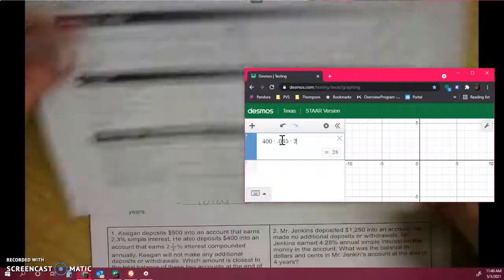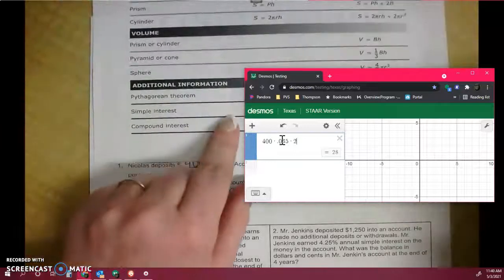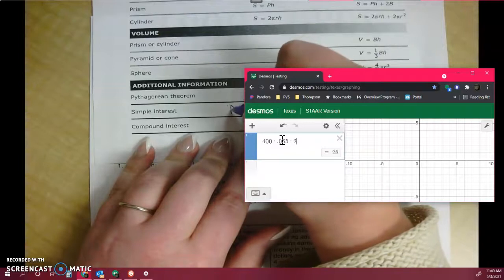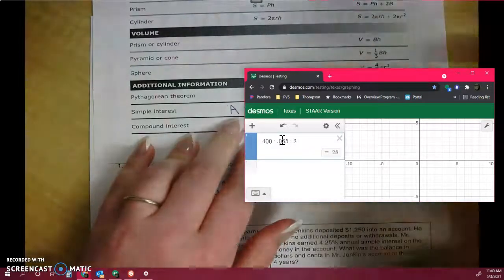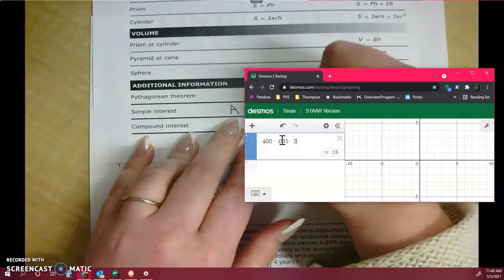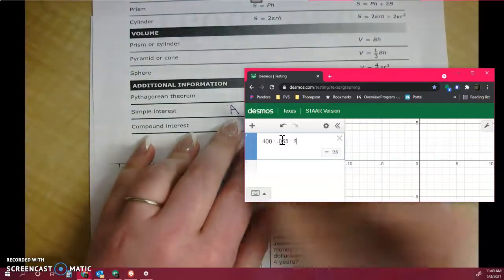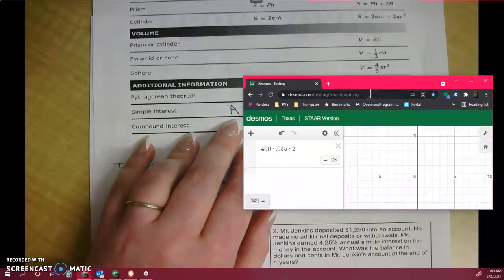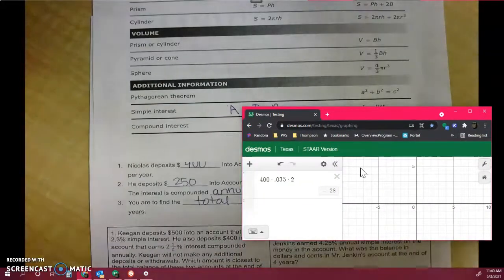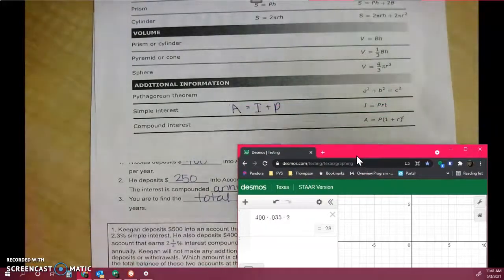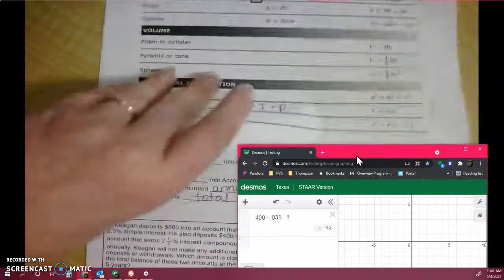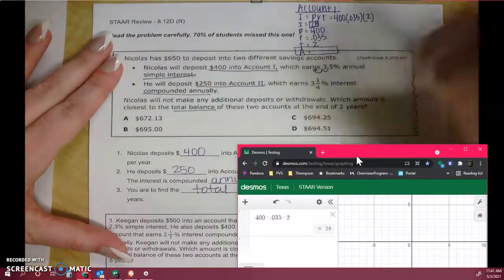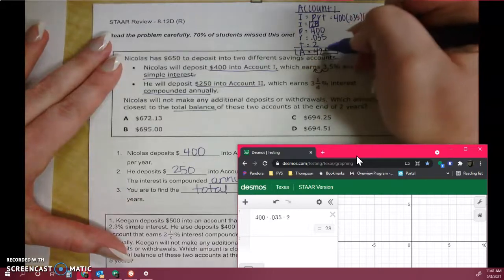So in your brain dump, you should have written A equals I plus P, which means the account balance is the interest earned plus the principal from the beginning. So we're going to do 400 plus 28 comes out to 428.